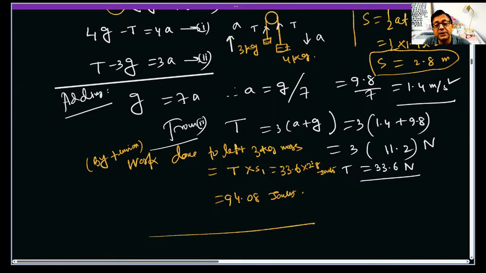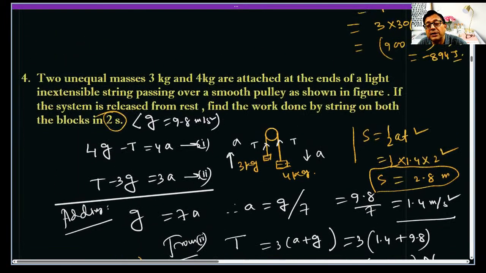And this is positive because the angle between them is 0 degree. S1 displacement is along the string only, so it is positive work.